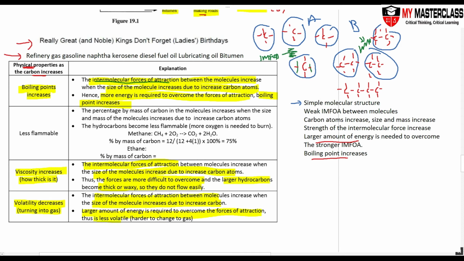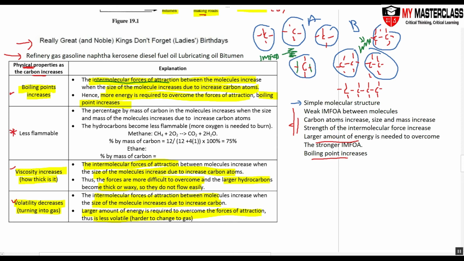So it is less volatile. In fact, these three points all boil back down to the covalent bonding explanation that you have learned before in chemical bonding. Okay, so let's look at this last idea.